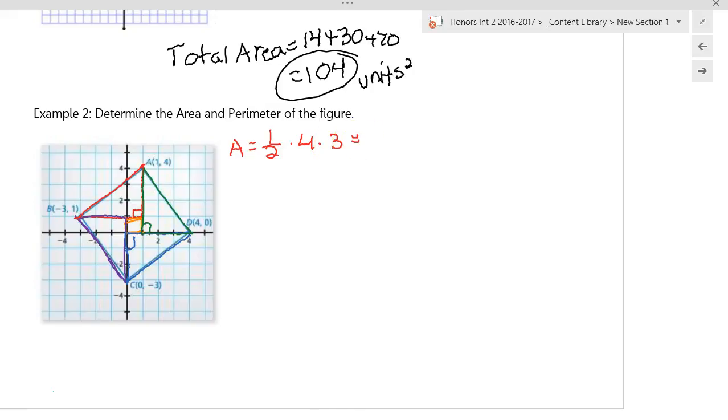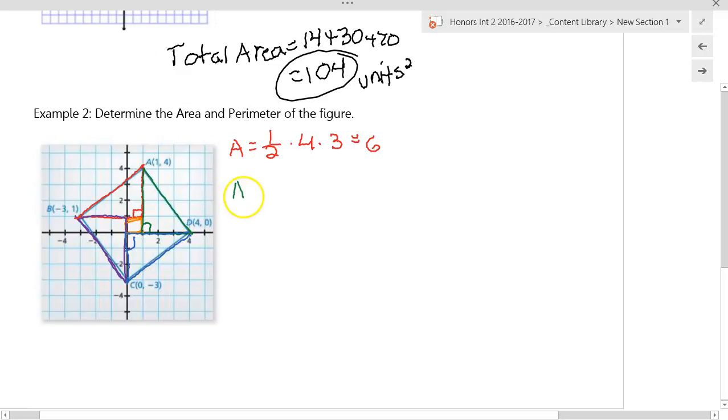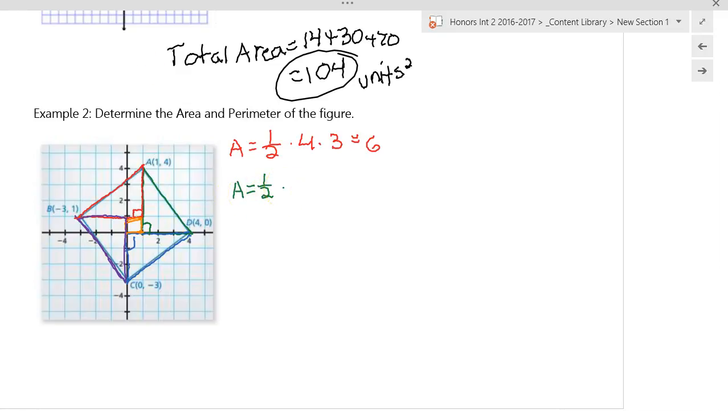If I multiply all that out, you get 6. The green triangle, area equals 1/2 times 1, 2, 3 times 1, 2, 3, 4, also equals 6.